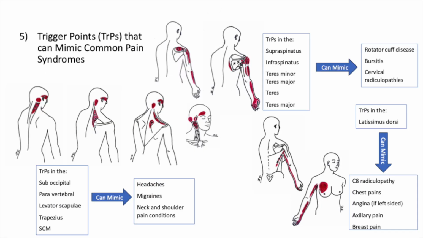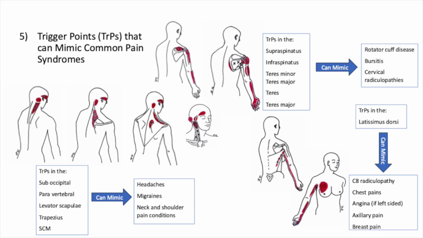In any pain syndromes, myofascial trigger points can be part of the cause, and at times the main cause of the pain. The pain caused by trigger points can often mimic many different conditions.